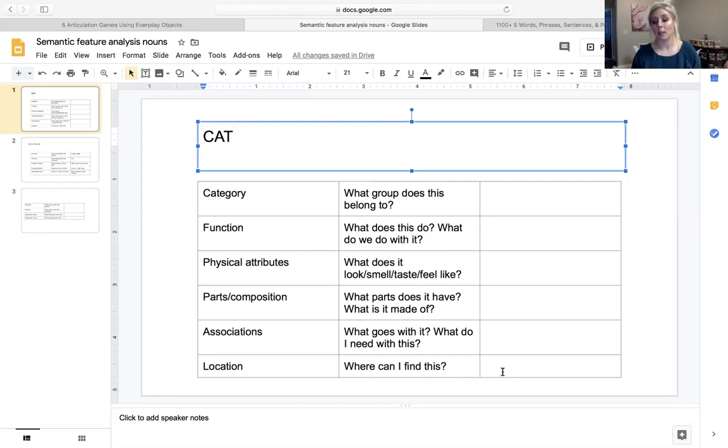And they might need more direct teaching. So this is what this worksheet is. A semantic feature analysis is taking what naturally occurs in our brain and directly teaching it.